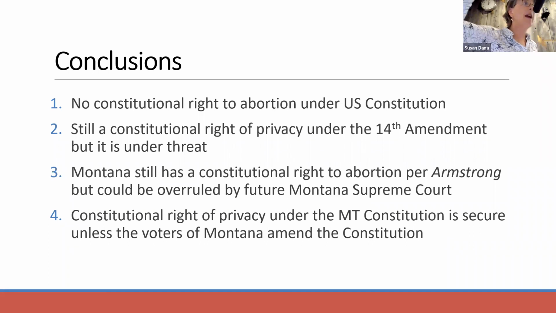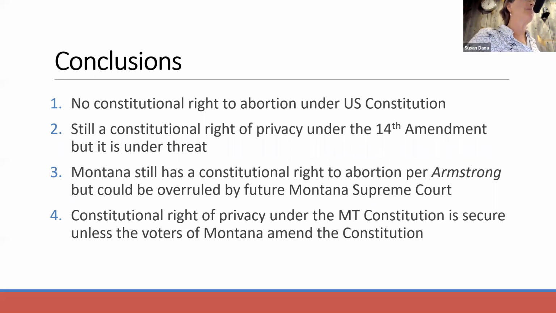On the other hand, if you have voted, and if you're about to vote, you know that you're being asked right now to vote on a constitutional amendment that would include electronic data in the kind of information that police have to get a warrant to search. That's privacy. So it's hard for me to believe the people of Montana would vote to just get rid altogether of our right of privacy.